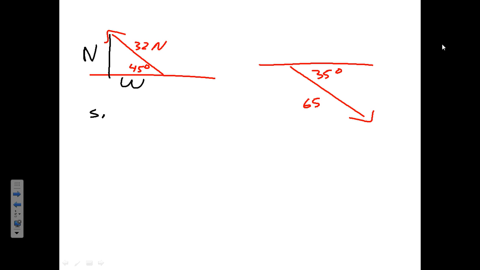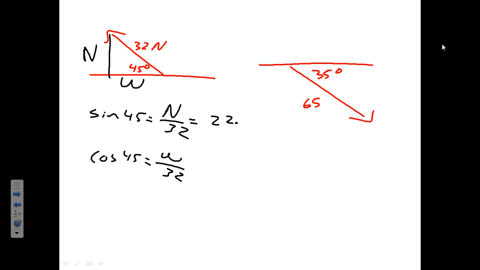So we're going to say sine 45 equals north over 32, and cosine of 45 equals west over 32. Calculate that out. Our components on this one come up to be 22.627. And both of them will be that. Remember, this one's going to the north and this one's going to the west.